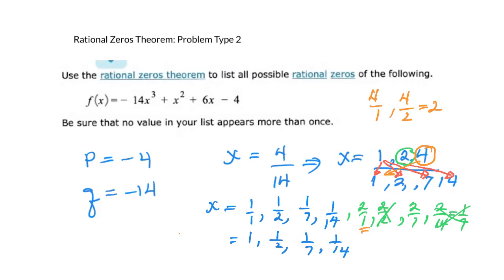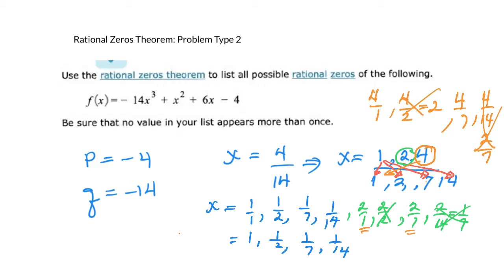We have it here, 2 over 1, which is 2. So we don't need that 4 over 2. And then 4 over 7, and then 4 over 14. But 4 over 14 can be reduced because they're both even, and we can rewrite it as 2/7, and we already have 2/7, so let's go ahead and eliminate that one.